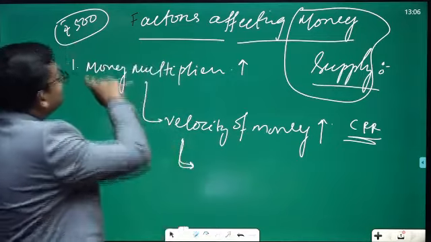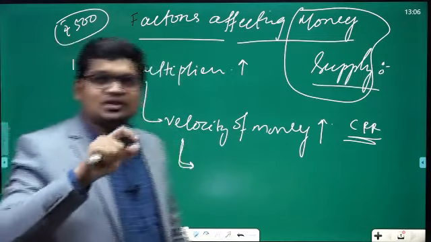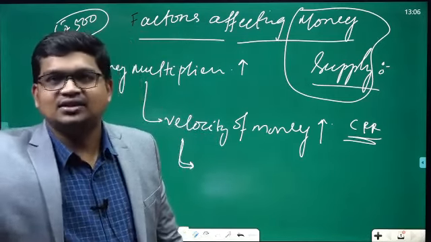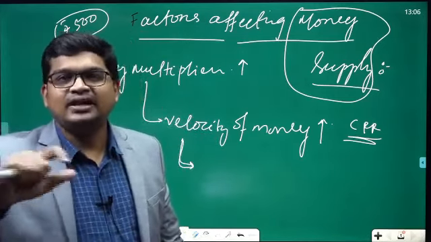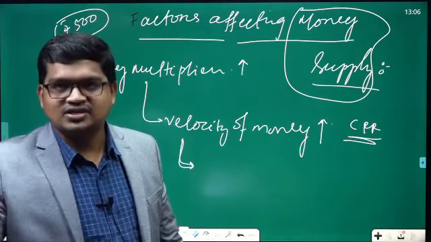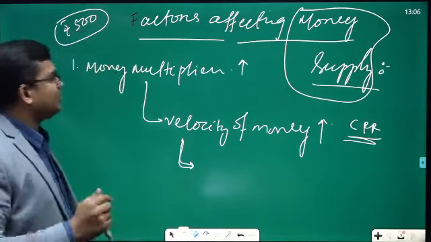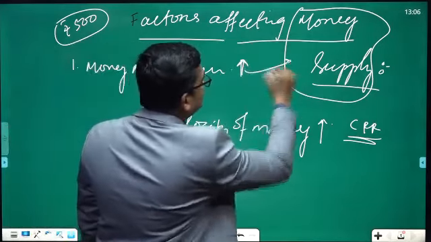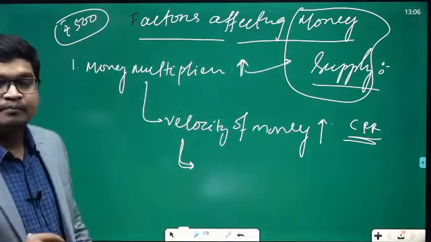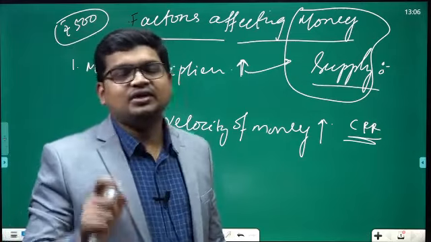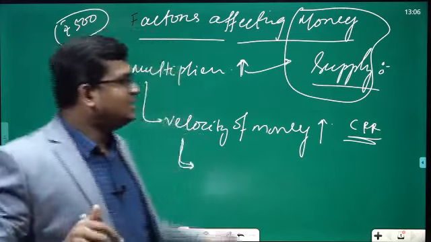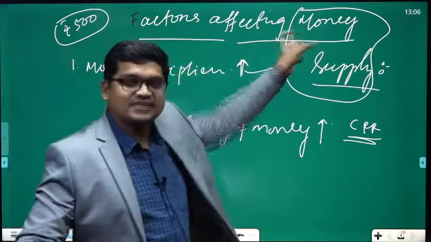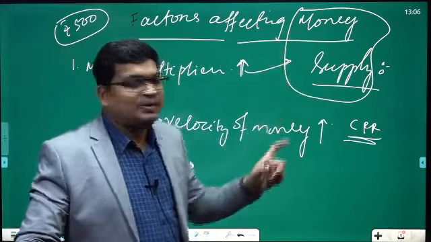So when this 500 rupee denomination changes hands from one to another, that means money is circulating faster, which you can say is an increase in the money multiplier, which results in an increase in the money supply. So whenever there is a statement like this, increase in money multiplier leads to increase in money supply, yes, this statement is correct.